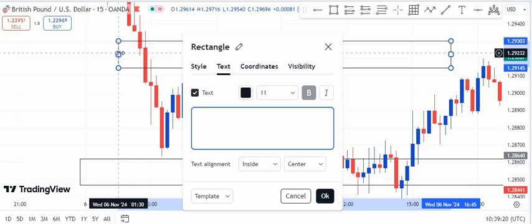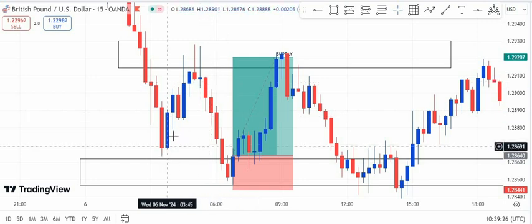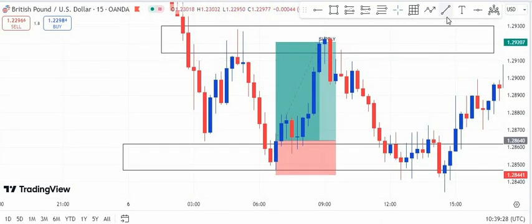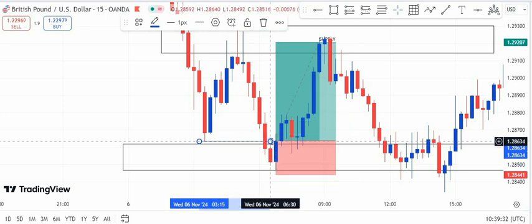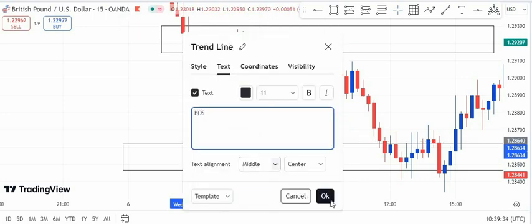This is our supply level, because the market starts to reject off that zone and has a break. If you guys notice, I'm always drawing a break of structure. The market had a break of structure right there.